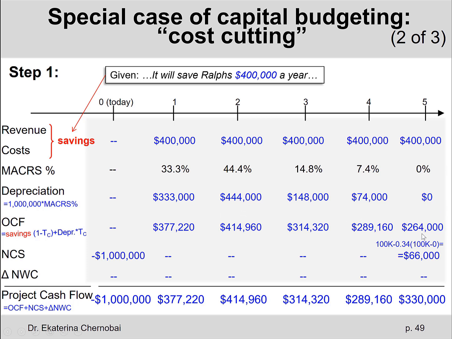And for the 5th year, it's a combination of two numbers, the operating cash flow of $264,000 and the after-tax salvage value that we receive from selling the cash register used, equal to $66,000. When we combine the two, we get $330,000.